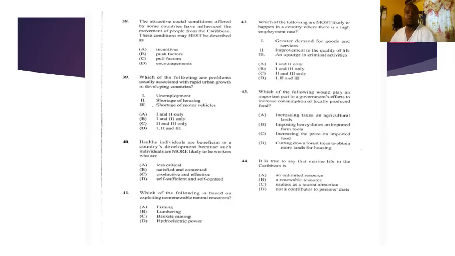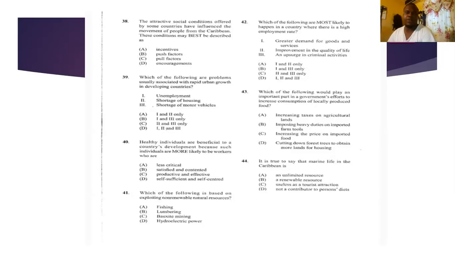So we know that 3 is out. So there's going to be improvement in the quality of life because persons are going to have greater spending power and will be able to satisfy their needs and wants. There's going to be a greater demand for goods and services because people have money so they can purchase those goods and services. So the answer is 1 and 2 only. So the answer for 42 is A.